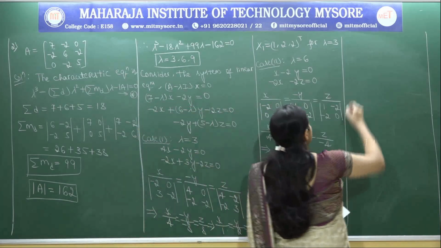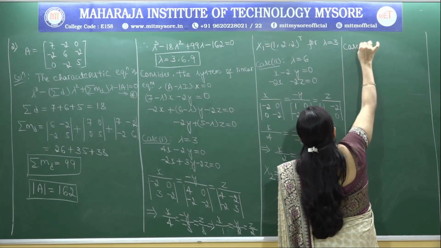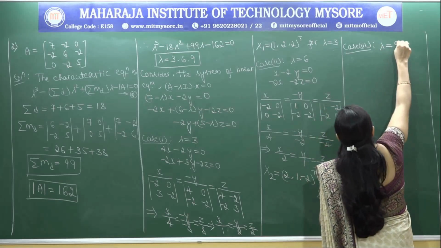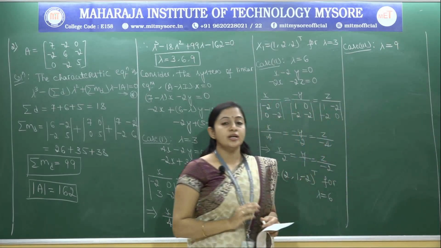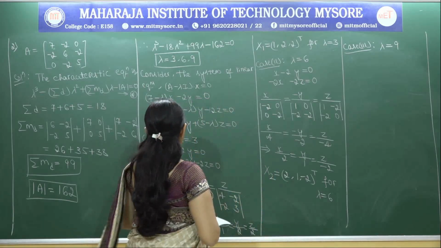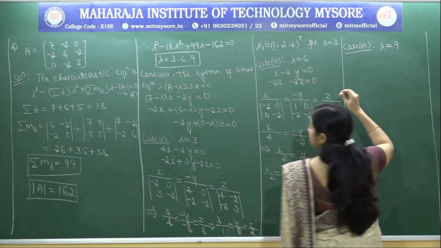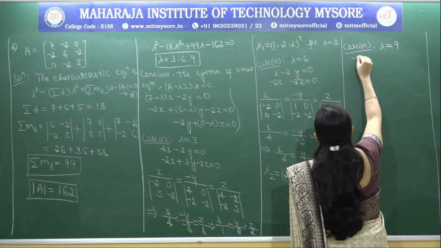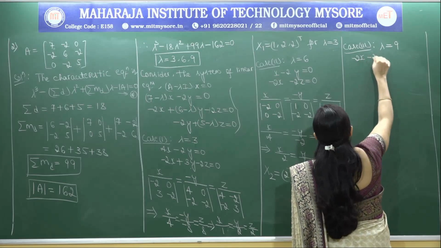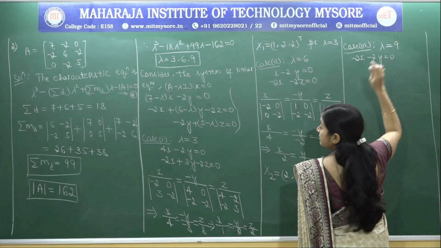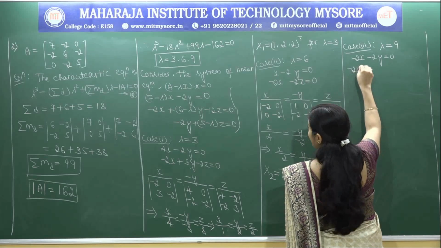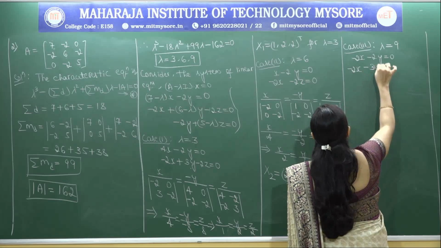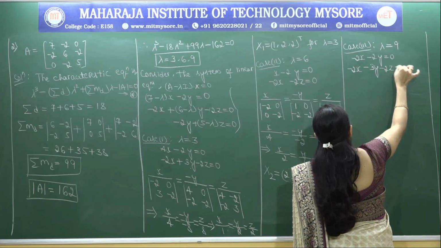Similarly, case 3, for lambda equals 9. I substitute lambda equals 9 into the first and second equations. You will get the first one, minus 2x minus 2y equals 0. The second one, minus 2x, 6 minus 9, you will get minus 3y minus 2z equals 0.